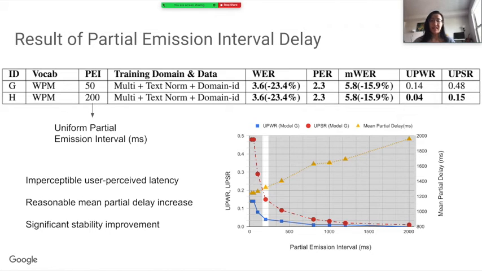What we are seeing is that at 200 milliseconds, the instability improved by almost 3 times. Not only that, we see an imperceptible user-perceived latency of the ASR system. There's a very reasonable mean partial delay increase. And this 200 milliseconds of uniform partial delay presented a significant stability improvement.